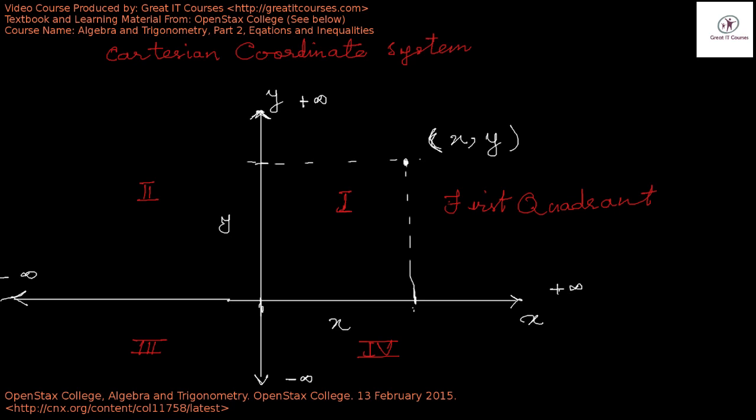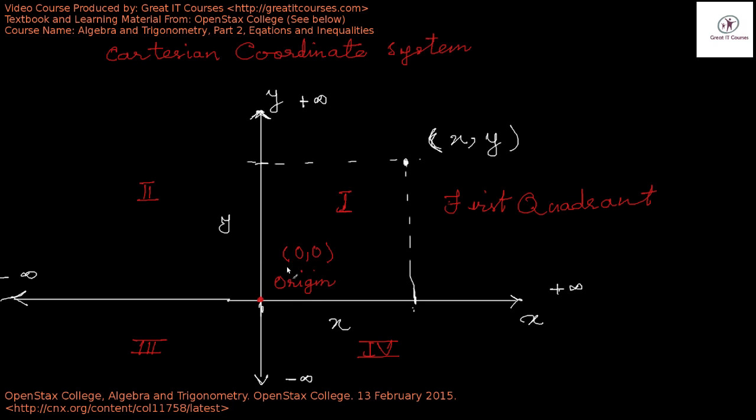Now the way this system is organized, the point where the x-axis and the y-axis meet is called the origin, and the coordinates of the origin in the Cartesian coordinate system are (0, 0).